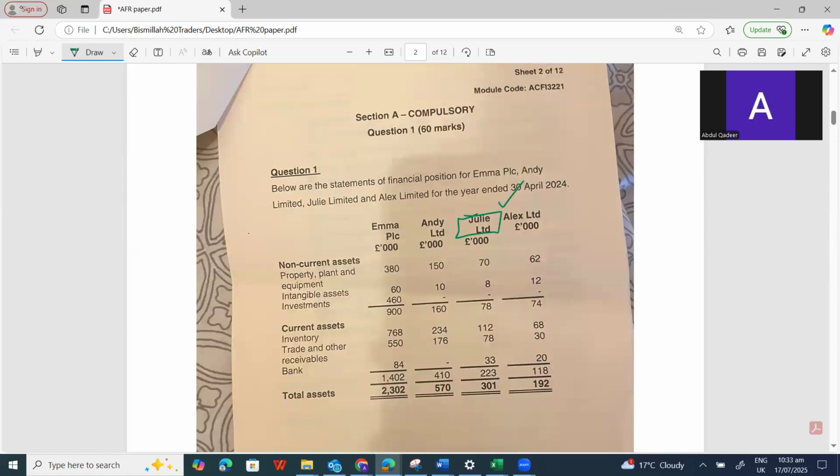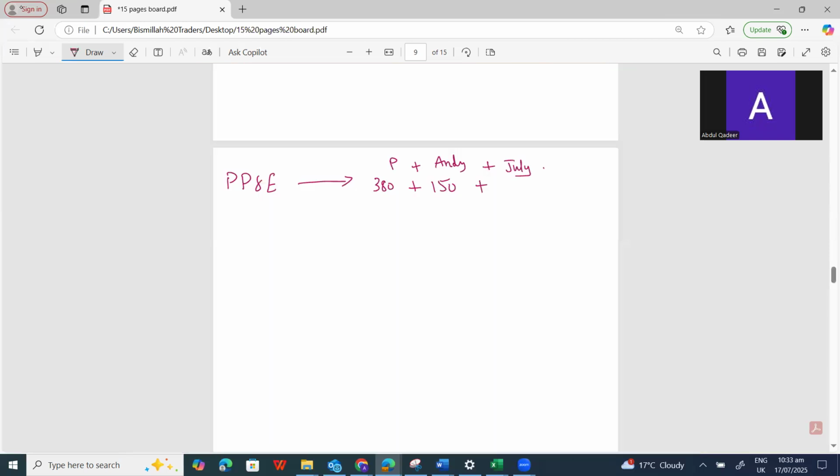Here is the Julie Limited value 70,000, plus, for Julie Limited, another thing, fair value adjustment at reporting date. Sorry, I was going to write at acquisition, but at reporting date it's 29,500. So it's here 29,500. This will come as total.